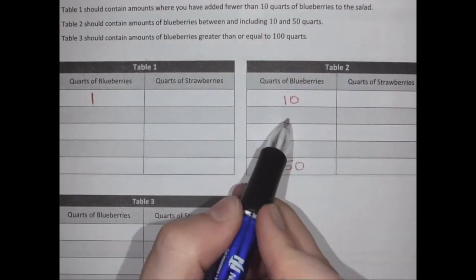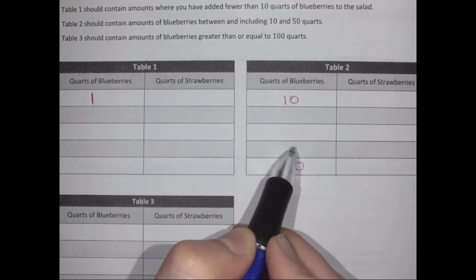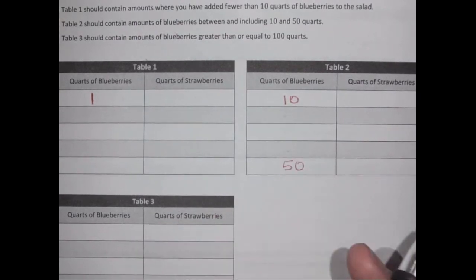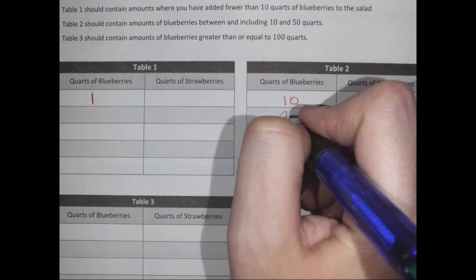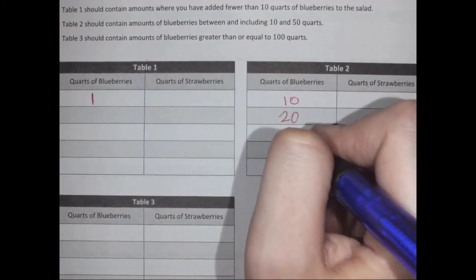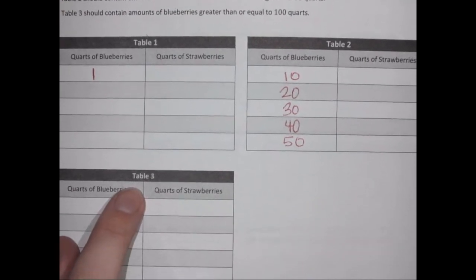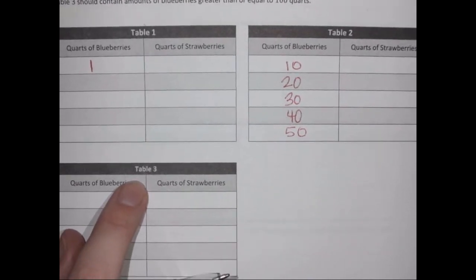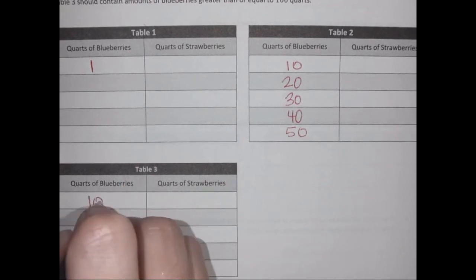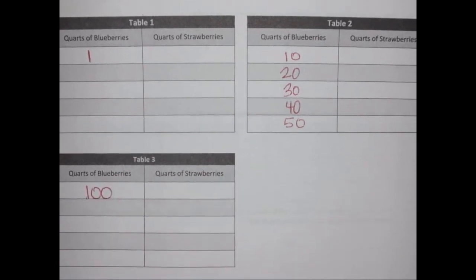So what should go in between for these 3? Julie? 10, 20, 30. Yeah, let's just count by tens. And table 3 should contain amounts of blueberries greater than or equal to 100. Okay.